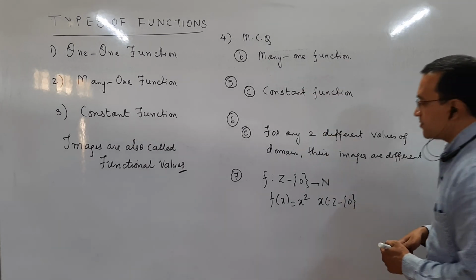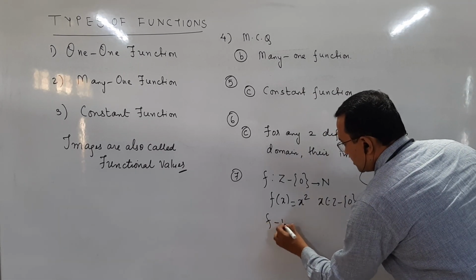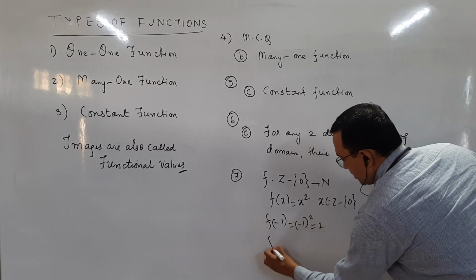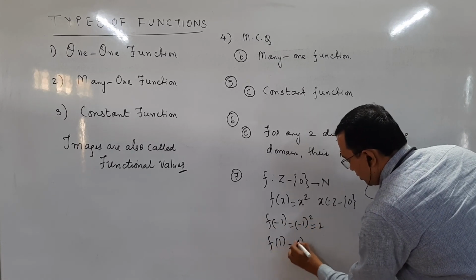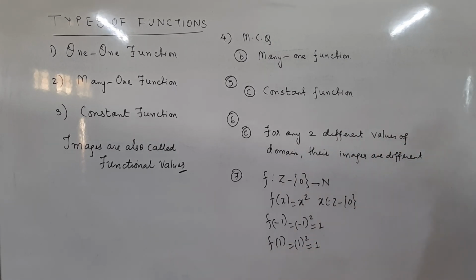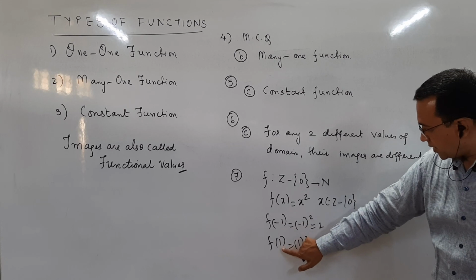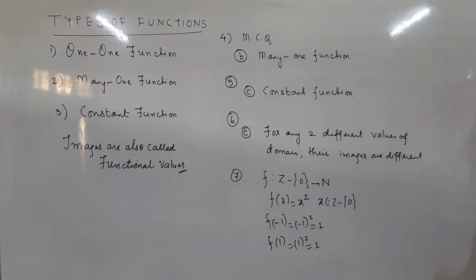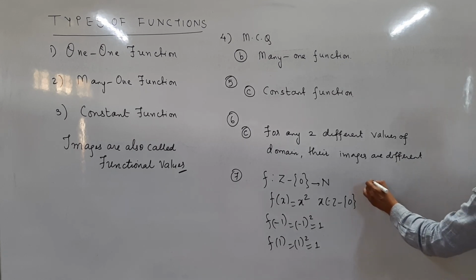Square term always implies many-one because image of minus 1 is minus 1 square, which is 1, and image of 1 is also 1 square, which is 1. So for two different elements of domain, minus 1 and 1, their images are 1, which is same. So this function is many-one.